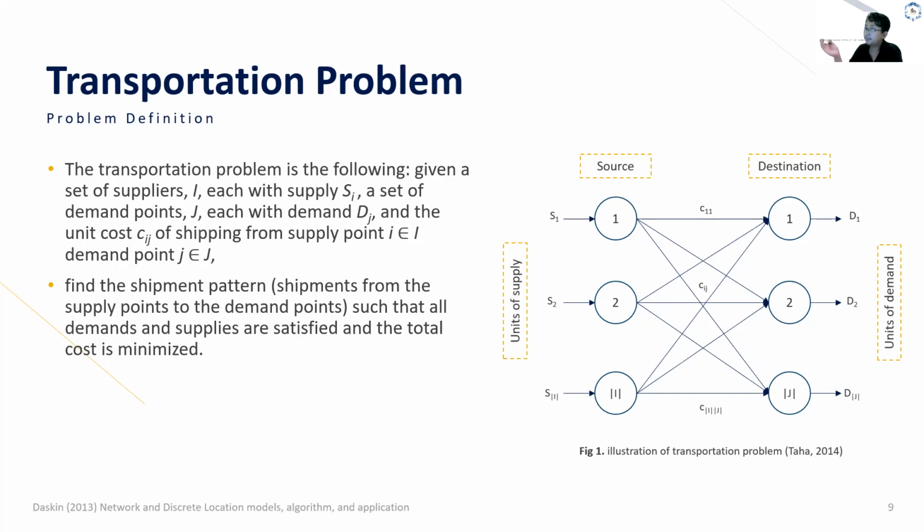Okay, and this set of suppliers I will supply customers, represented on the right side as destination nodes or demand nodes, in which each customer has an amount of demand necessary to be fulfilled.